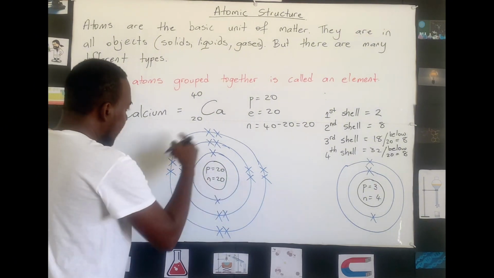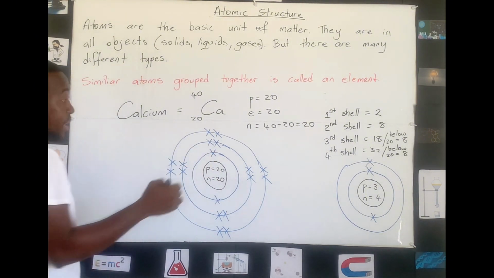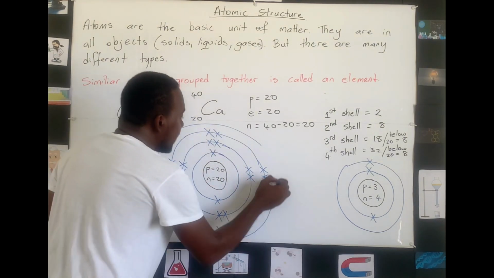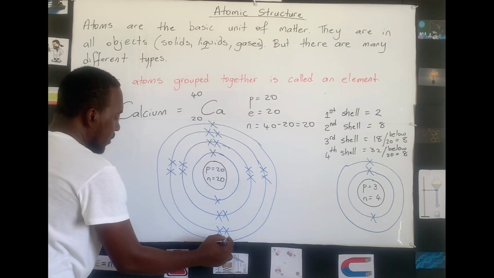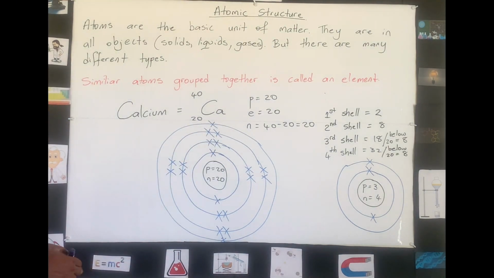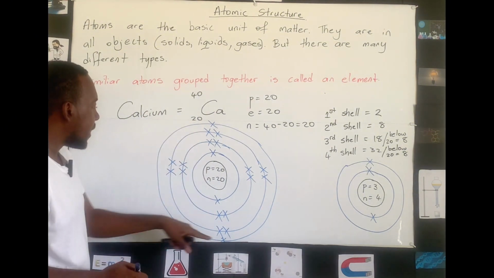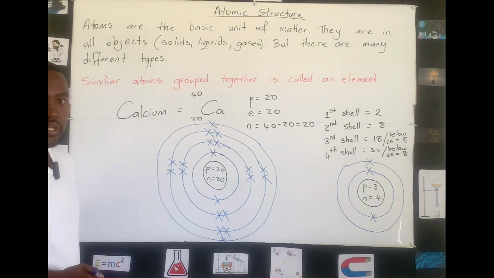So here we have 8, 8, that's 16, 17, 18. That means we need one more shell. This one can hold 8 again, but we only need 2, so we go north, south. So here we have the structure of calcium having 20 electrons, 20 protons, and also 20 neutrons.